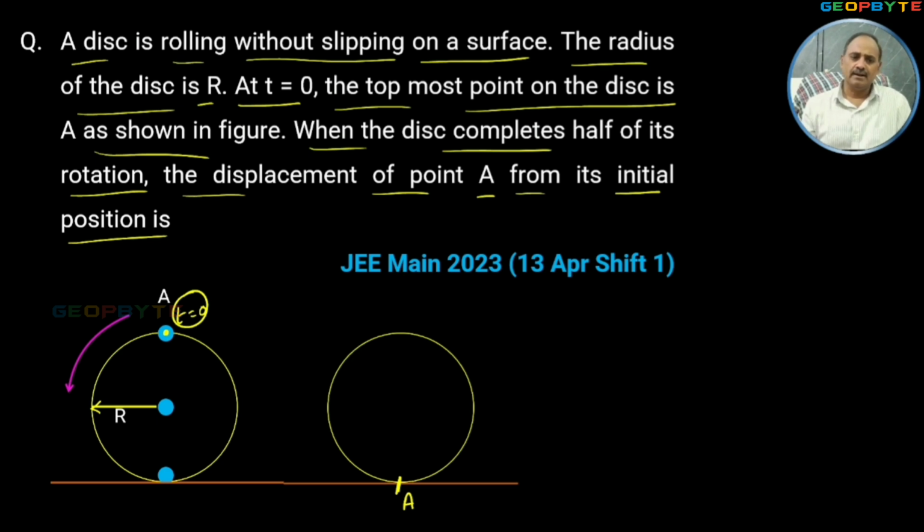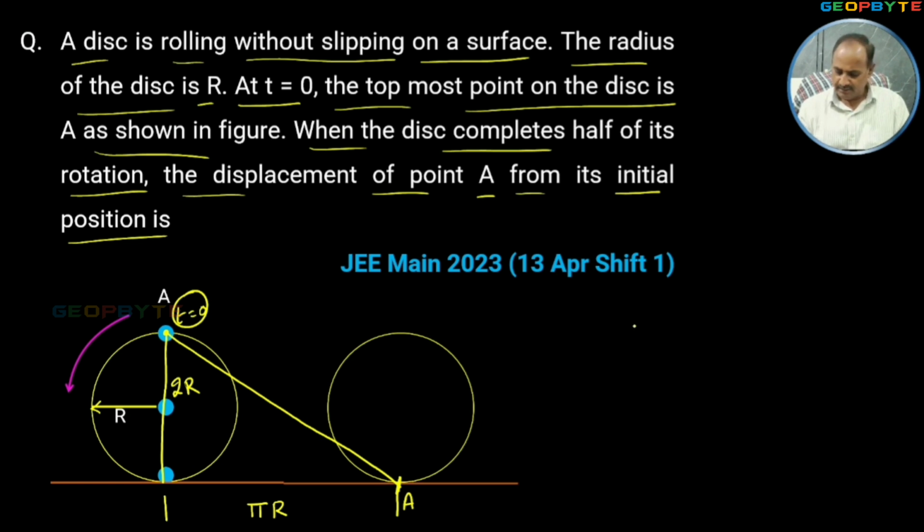After it completes half of the revolution, the horizontal distance is equal to pi r, and this is 2r. Now join A with A. You are asked to decide what is the displacement AA.